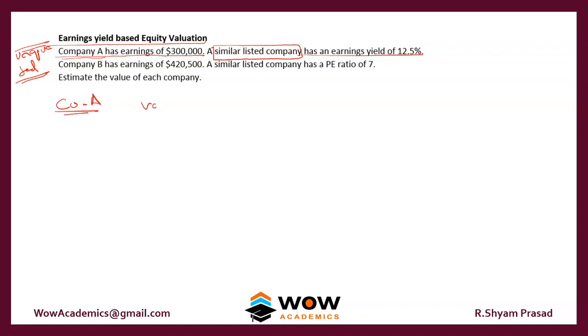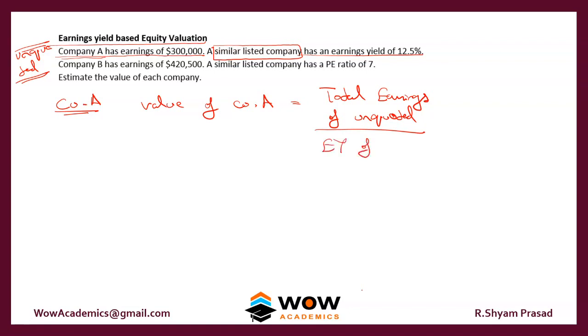So value of company A equals total earnings of unquoted divided by earnings yield of quoted company.